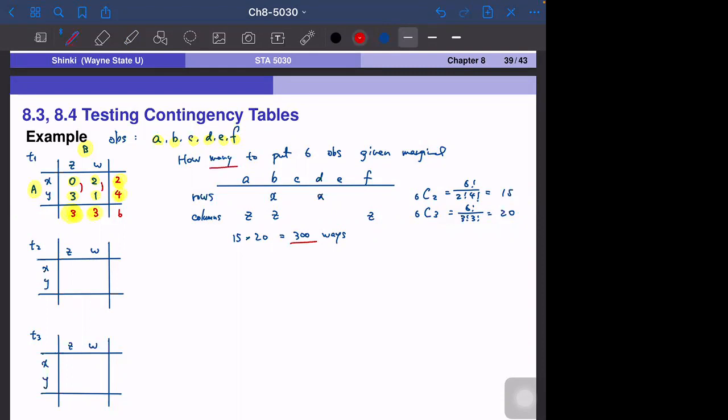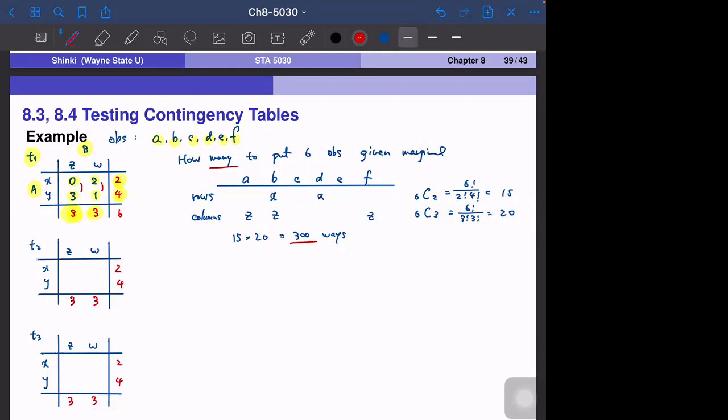Then we think about how many of them make this table T1, and also the other possible tables we consider. Given the marginals, the marginal numbers should be this 3, 3, 4, 2, 4.